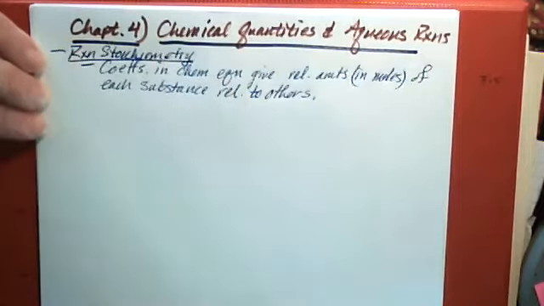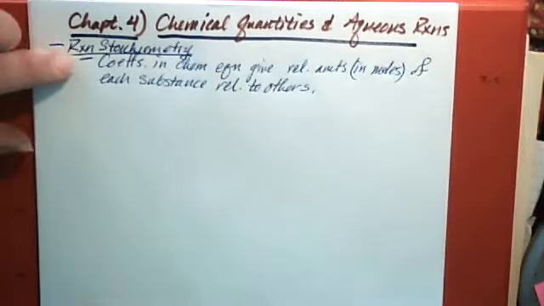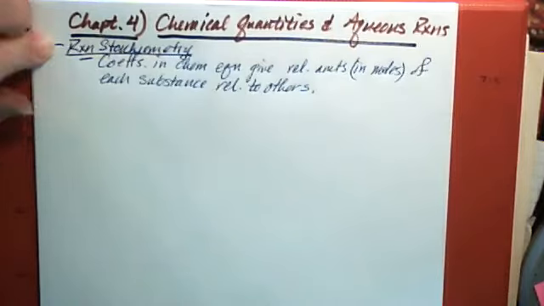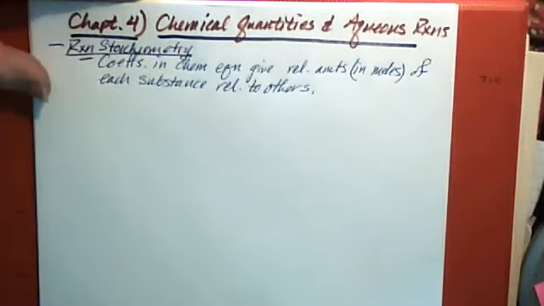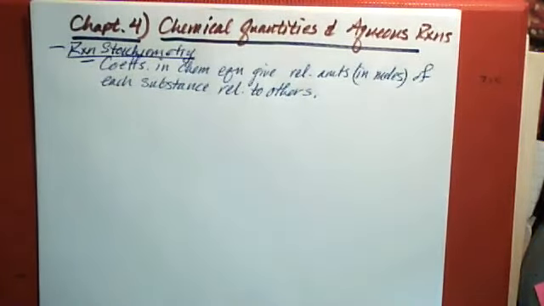is reaction stoichiometry. Reaction stoichiometry is section 4.2, and it has to do with the relationships of specific amounts of things to each other in a chemical reaction. And it's about the numerical relationship in terms of either molecules or moles of molecules of things to each other.